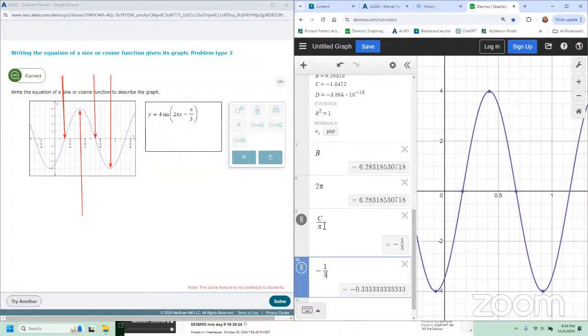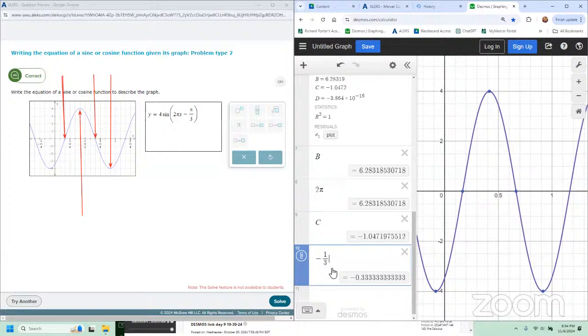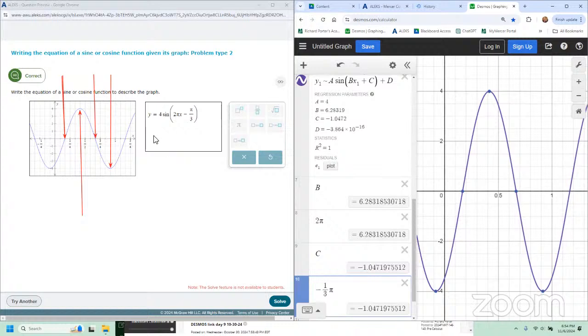If I want to get the C back, multiply it by pi. So you see how C is the same as minus 1/3 pi. Now you can put it in. You put in 2 pi for B and minus 1/3 pi for C and you'll get the right answer.